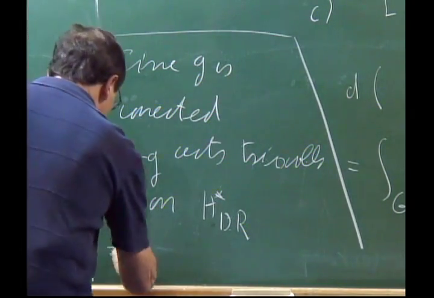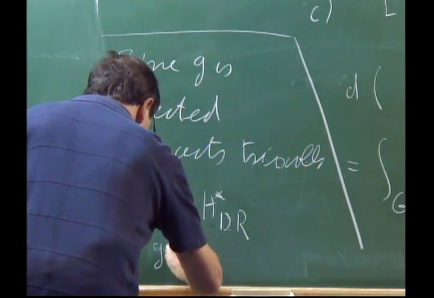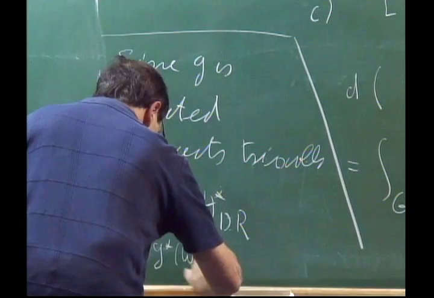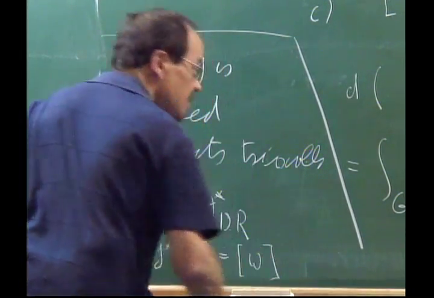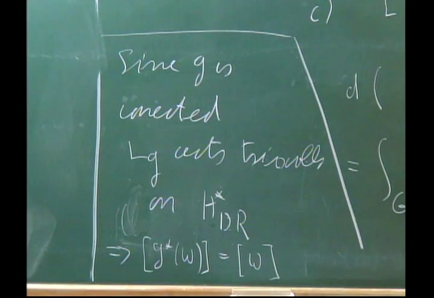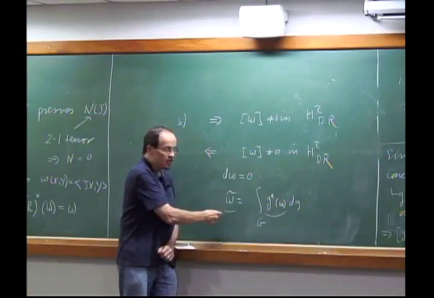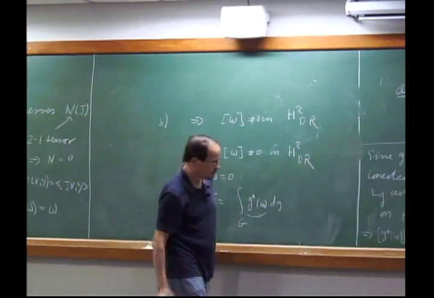So this says that the cohomology class of all these pullbacks is the same. It's always equal to omega. So all these things lie in the same de Rham cohomology class, I average, and then this also lies in the same de Rham cohomology class.